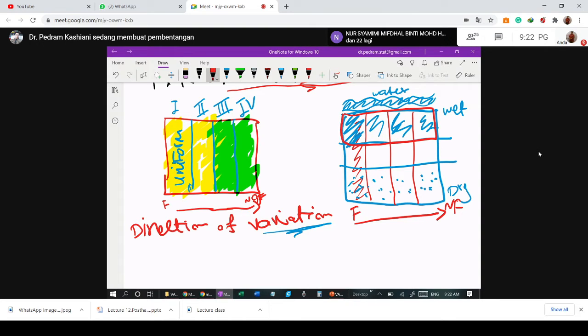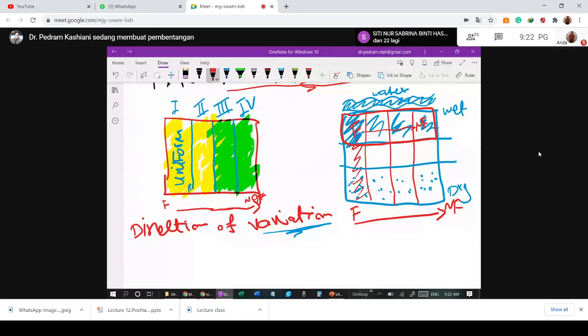In this block, all the units have wet soil, so no problem. But at the same time, some of the units are fertile and some of the units have not fertile soil. So this direction of variation, I cannot take care of. What happened here? Again, inside one block, there are no uniform experimental units.